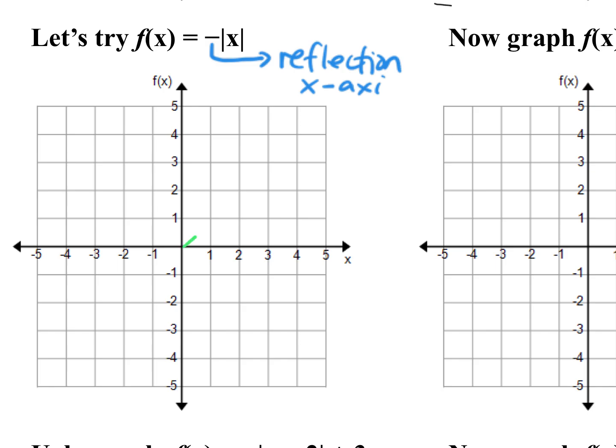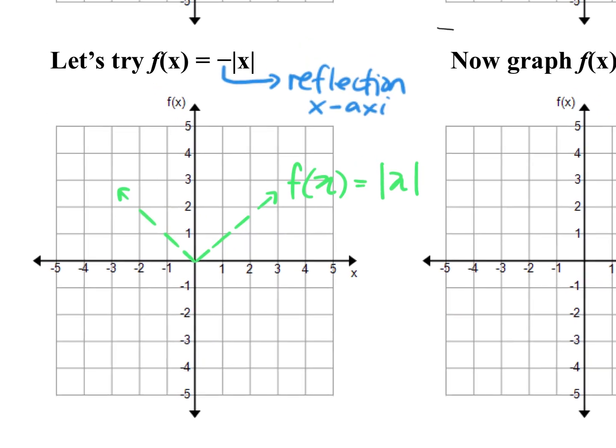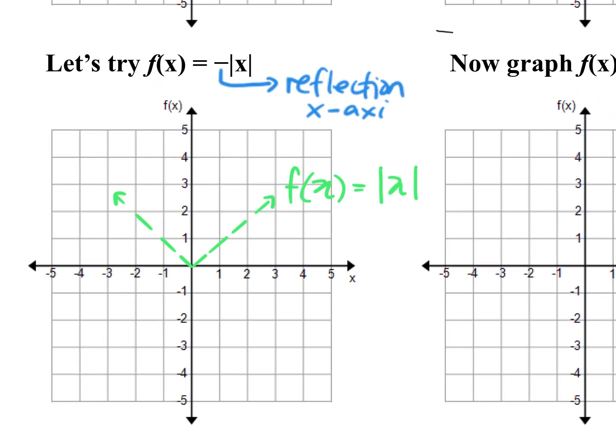Okay, so I'm going to use green color in here. I'm just graphing the parent function here. So the green is going to be my parent function. This is represented by f of x is equal to the positive absolute value of x. Now I'm going to graph my negative absolute value of x using a different color this time. I prefer the red color.